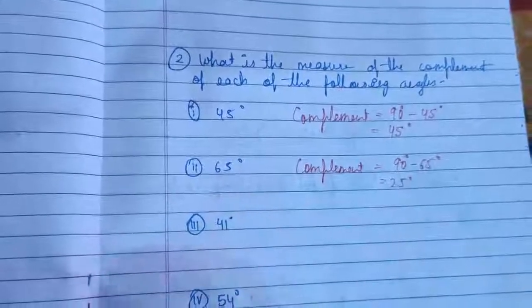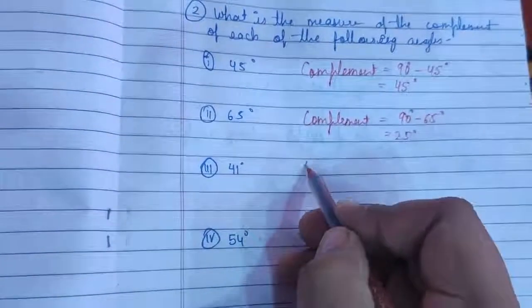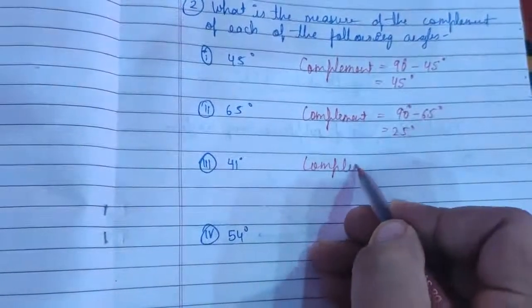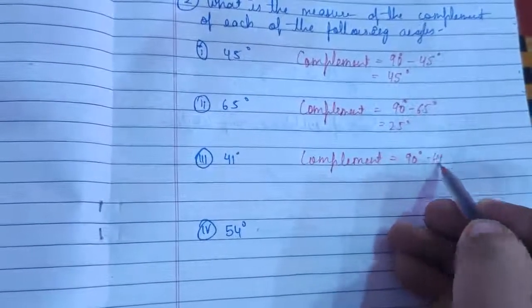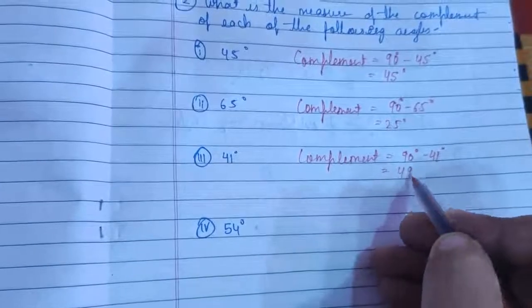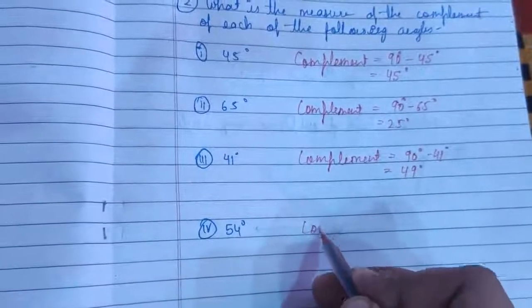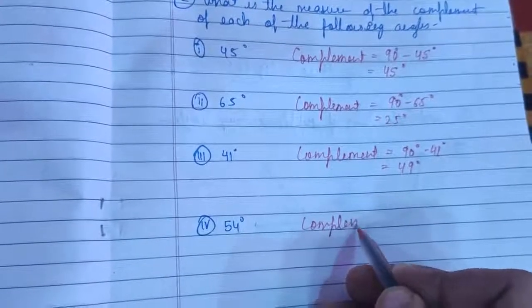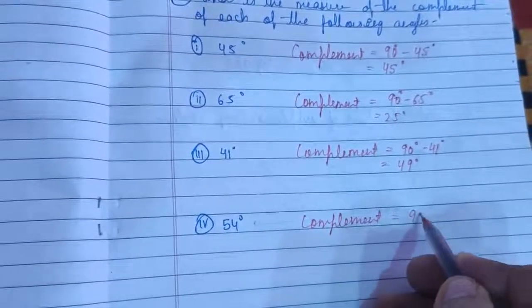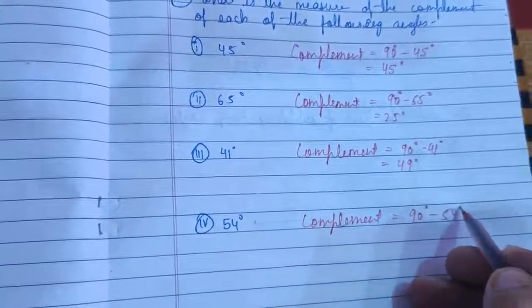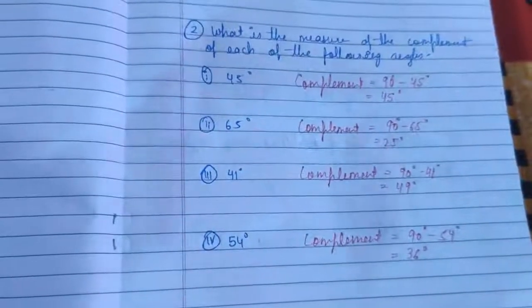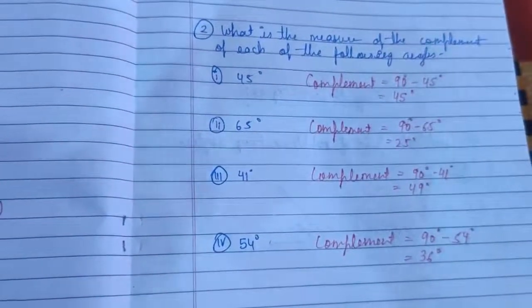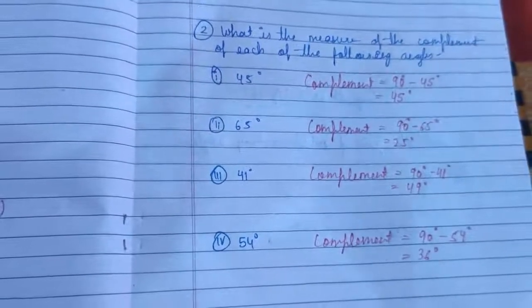Its complement is 25. Now 41 complement, 90 minus 41, it is 49 degrees. And this is the complement of 54. So 90 minus 54, now what do we get? It is 36 degrees. For finding the complement, we have to subtract the given angle from 90 degrees, so that we will get the complement of it.